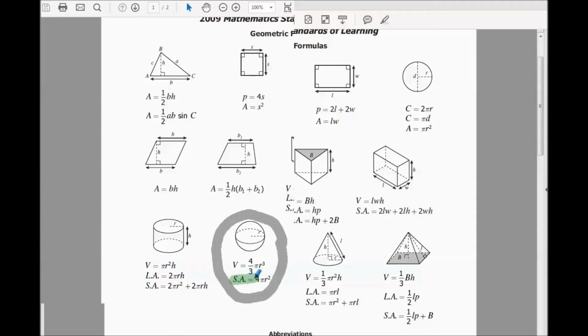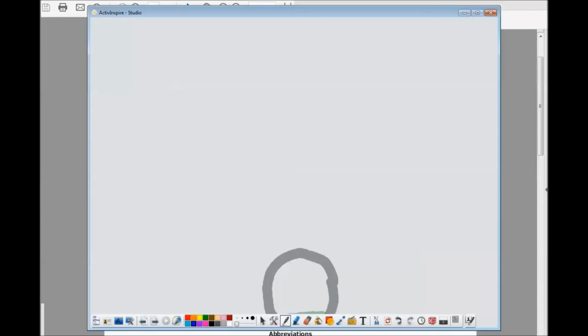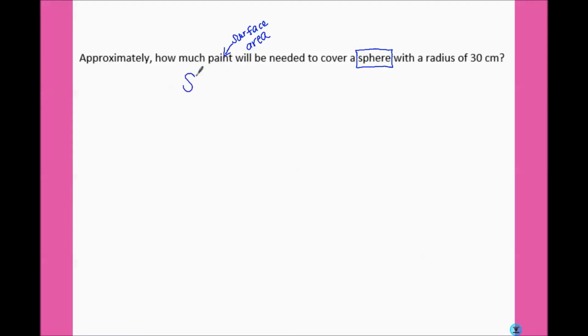And there's our formula for surface area, 4 pi r squared. And the only variable in here is r, and it told us we have a radius of 30 centimeters.